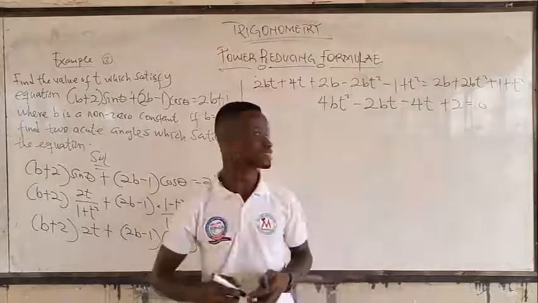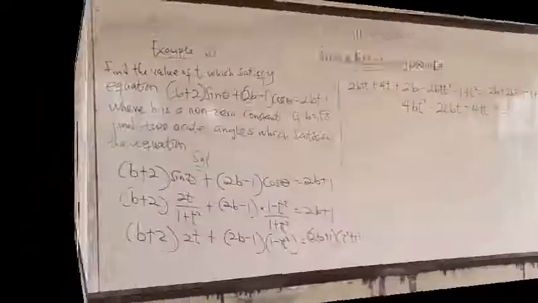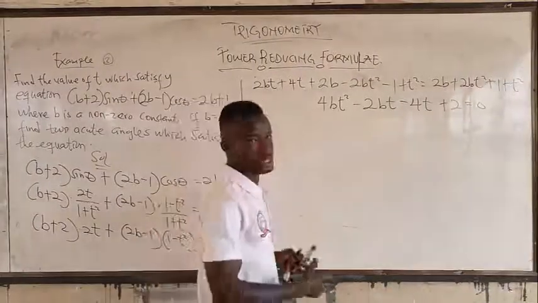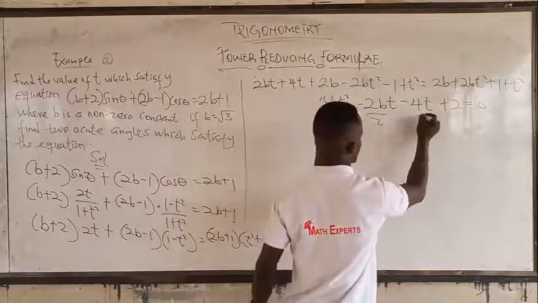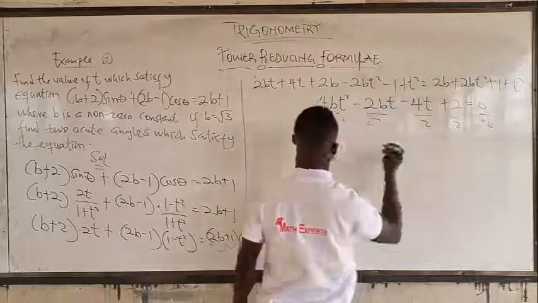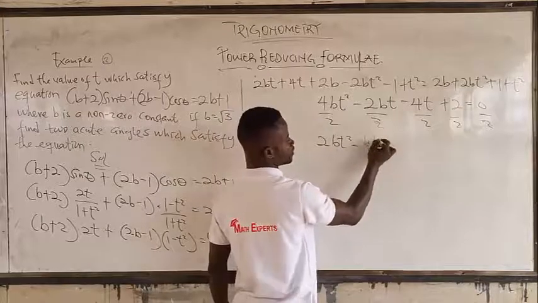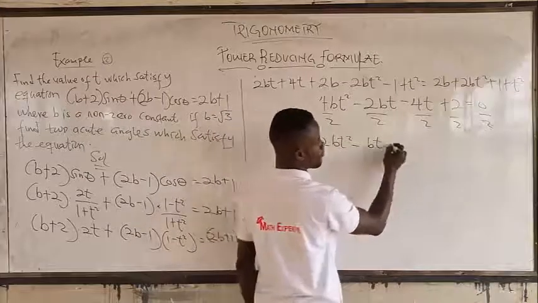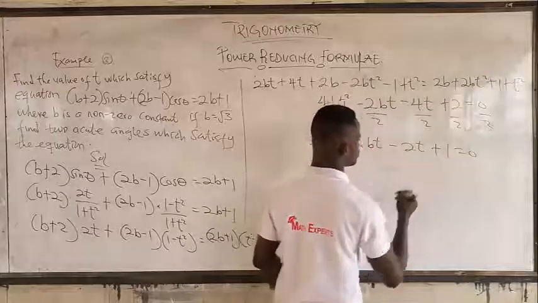You can see that we now have it in the form of a quadratic equation. With this, we can divide each term by 2. So we get 2bt squared minus bt minus 2t plus 1 equal to 0.